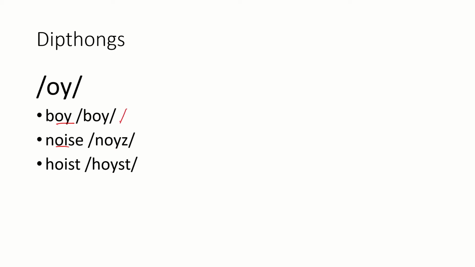In a dictionary in the IPA, you would probably find it written differently, and it's the exact same sound. There is no difference. It's just a different way of looking at it, using regular vowels instead of glides as vowels.